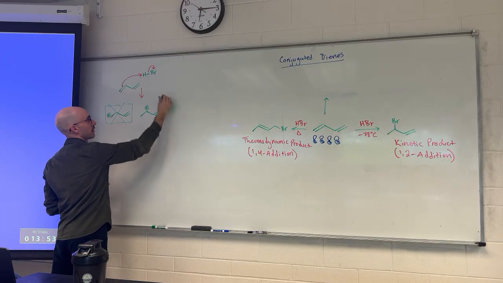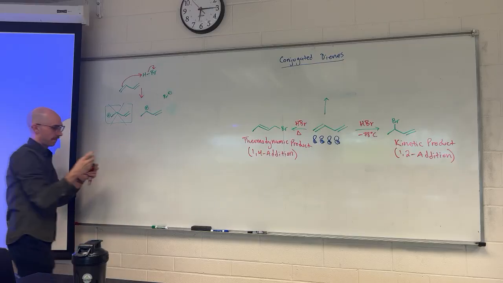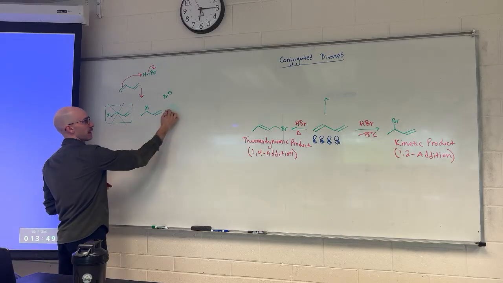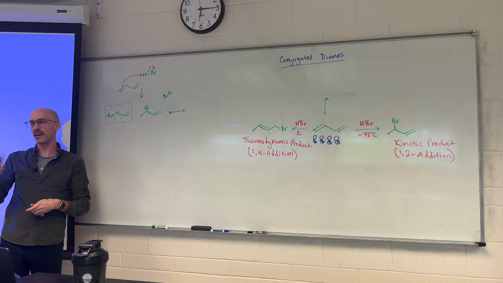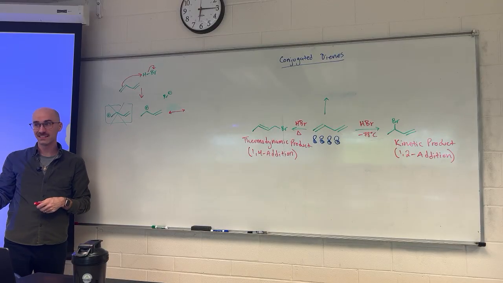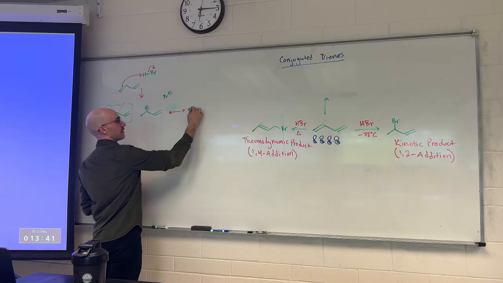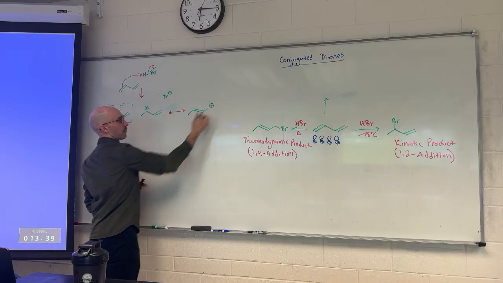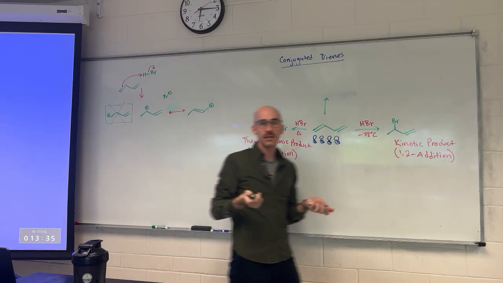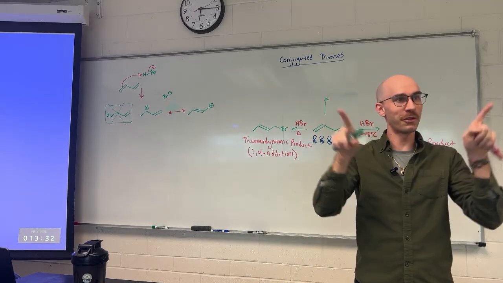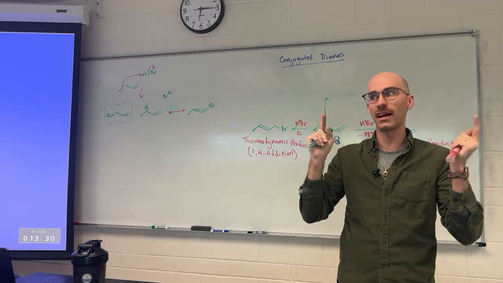And I'm going to show the resonance to the right. Resonance forms don't exist in isolation. Sorry, resonance forms don't exist. Resonance forms are simply depictions of molecular orbital theory showing delocalized charge.